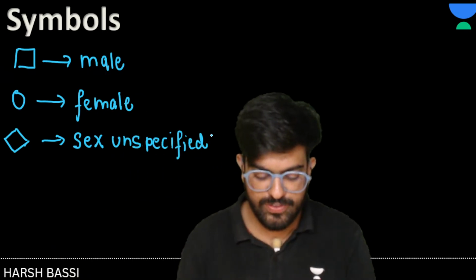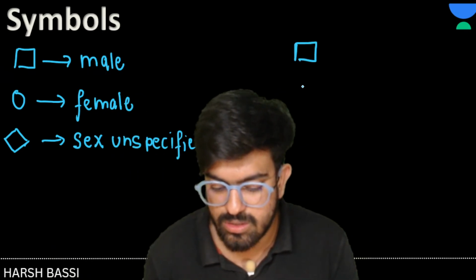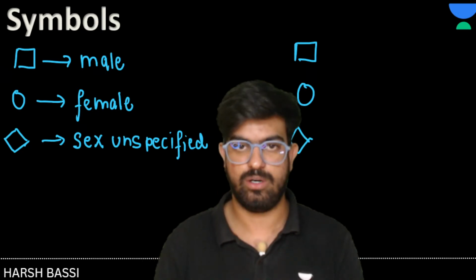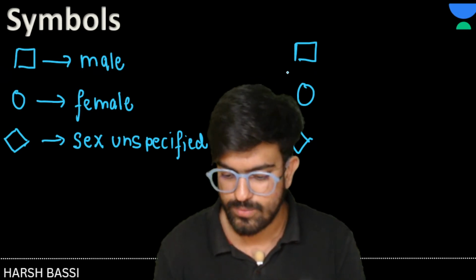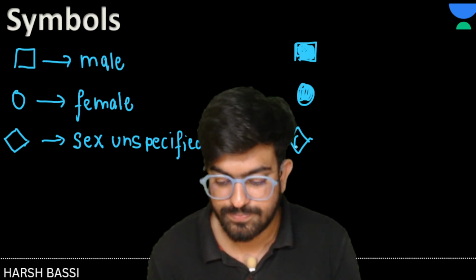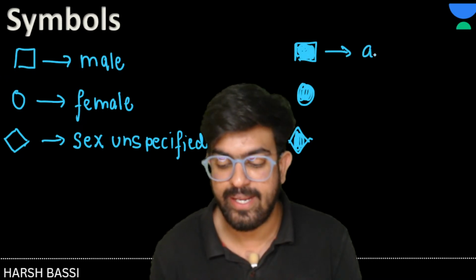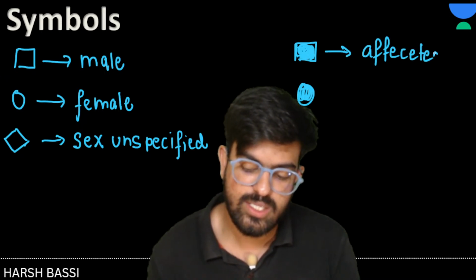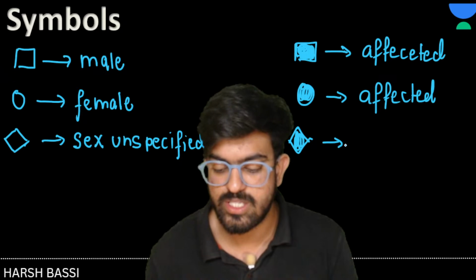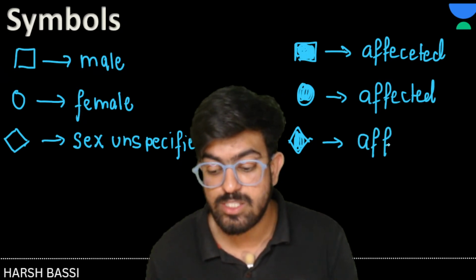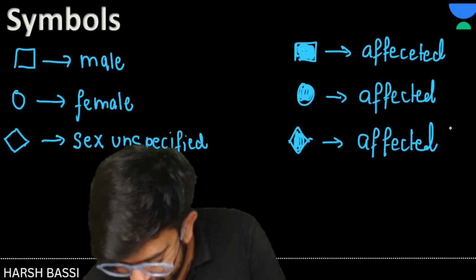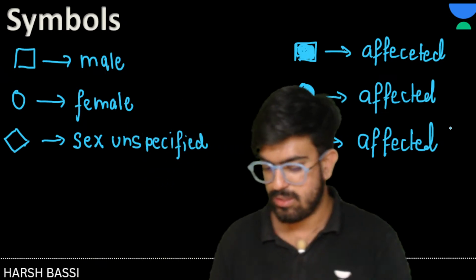Now, if we have these shapes again, but now the color is filled, we say they are affected. Affected male, or diseased male, affected female or diseased female, or affected sex unspecified, whatever the sex is, but it is affected. Clear to everyone? Great. Chalo.